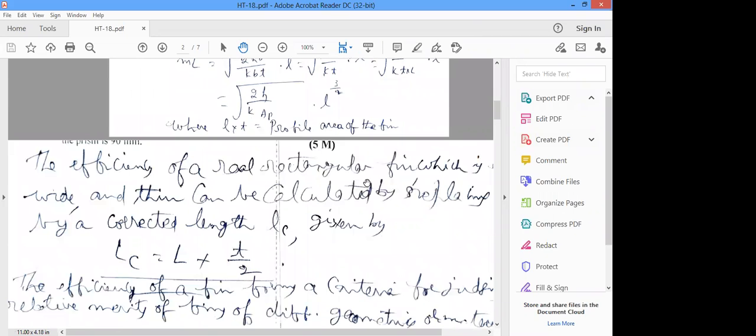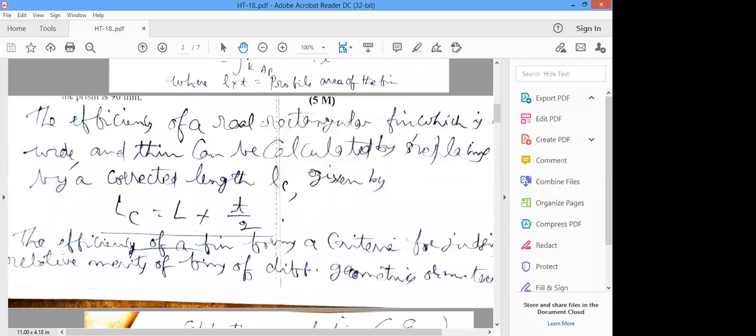The efficiency of a real rectangular pin which is wide and thin can be calculated by replacing the length with a corrected length LC. Sometimes the length of the pin may not give accurate heat transfer rate or accurate temperature distribution, so you require the corrected length LC.